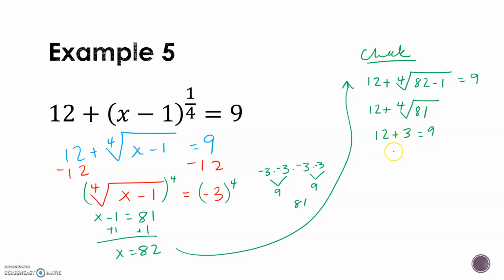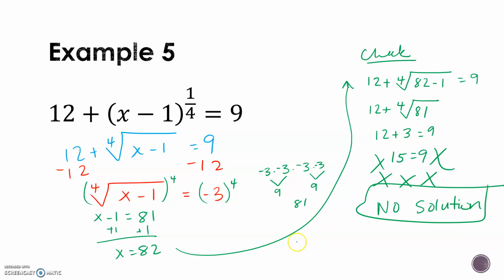And 12 plus 3 is 15. And 15 is definitely not equal to 9. So this is no solution. So that's why it's important to check. We did all of the math correctly, but it was no solution when you plugged it back in.